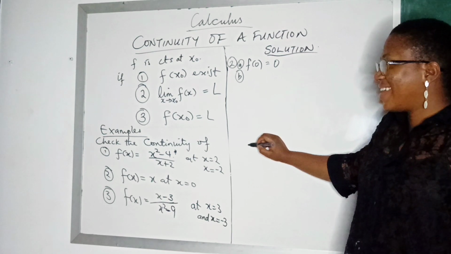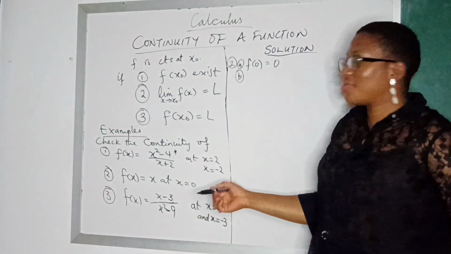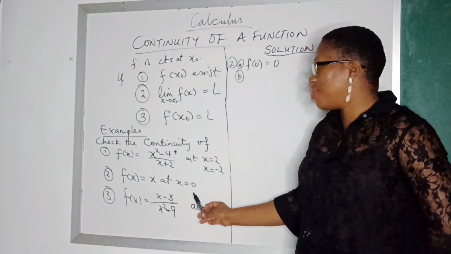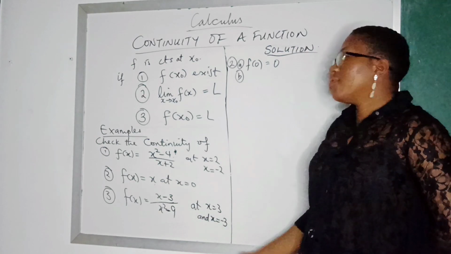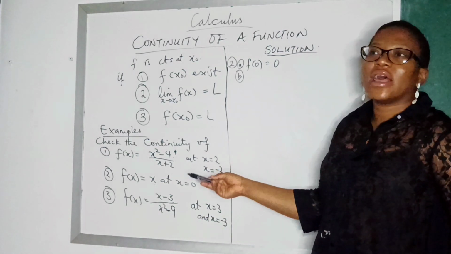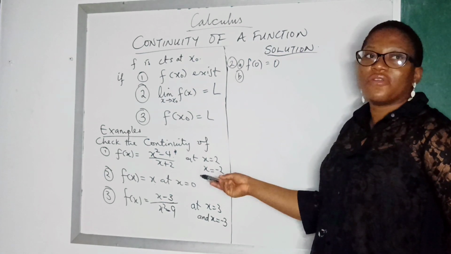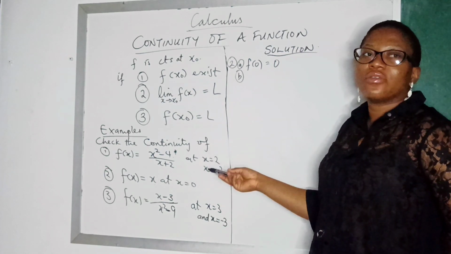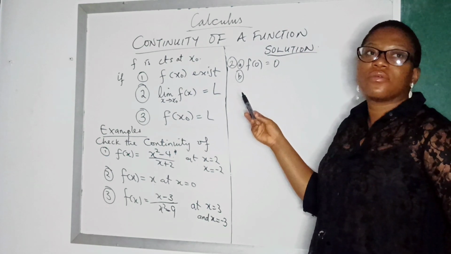Is that why I substitute directly? Well, one reason why I can substitute directly without checking is because it's defined at this point. If it was not defined at this point, I would check whether I can simplify the function to a function that it will be defined as. If I cannot, then I say it does not exist at that point, and I conclude that it's not continuous.